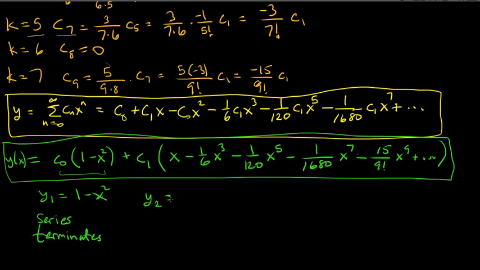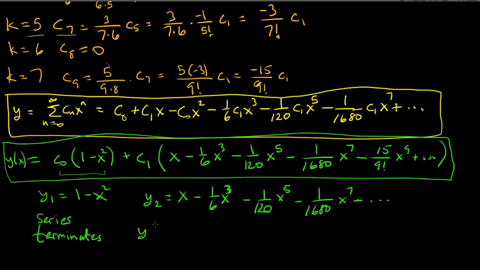And your second one, your y2, is everything in parentheses here, right? x minus 1/6 x cubed, minus 1 over 120 x to the 5, minus 1 over 1680 x to the 7, and so on. It goes on forever, so this series does not terminate. This is a power series, an infinite series.